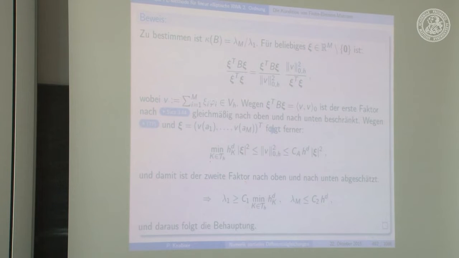Then in the middle you get a matrix which has the scalar products of the basis functions. That is what we called the mass matrix, multiplied with the corresponding vectors from the left and the right. So what we have here is just the relation between the continuously defined L2 norm and this discrete L2 norm. We have just remembered that this quotient is bounded from below and above by a constant independent of h. So we only have to deal with the second factor here.